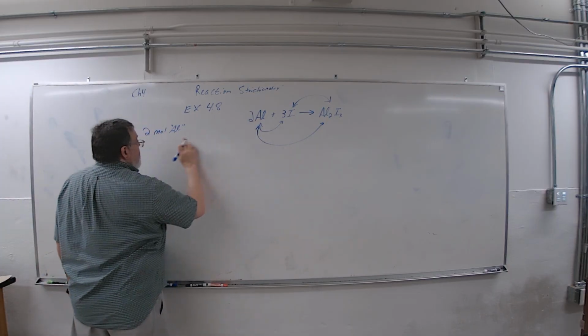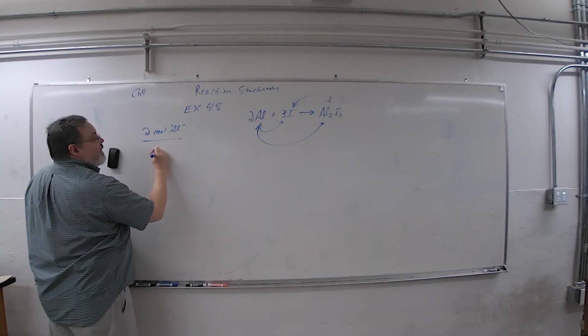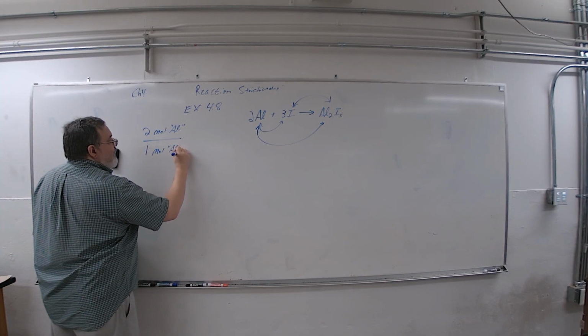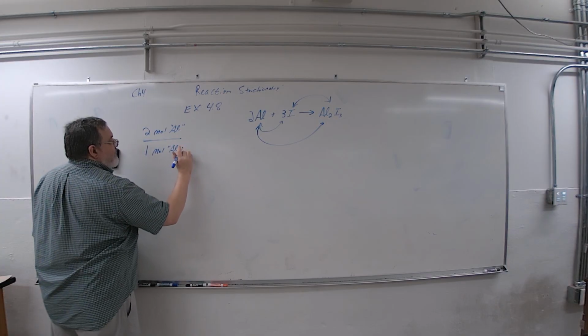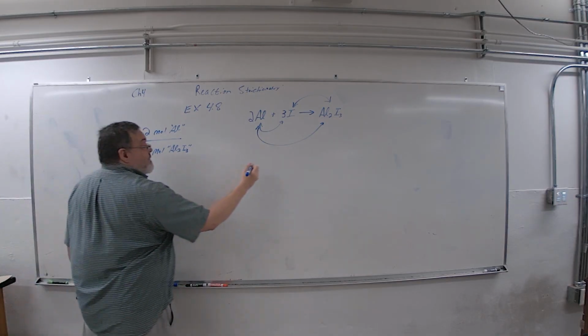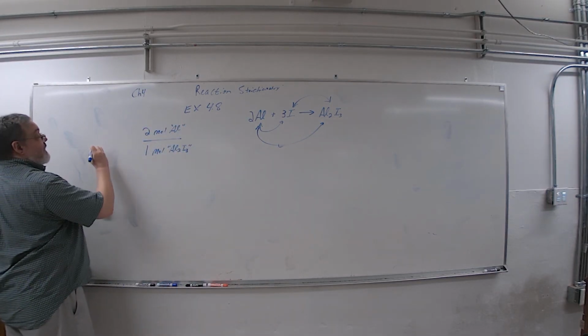Two moles of Al, and go ahead and just stick moles in there, even though it doesn't show up there. 2, 1. I don't remember that's an I. There's one of the relationships, that's this one. There's another relationship that's summarized over there.